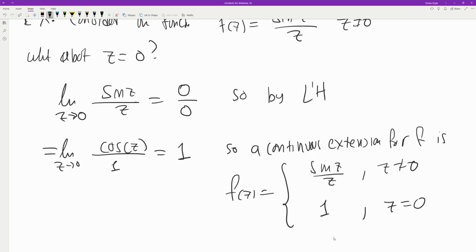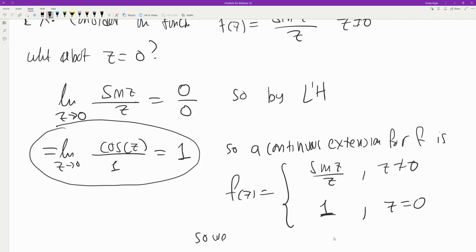So here we get continuity for free, because that's how we defined the function. We get continuity for free because we define this value to be this limit.